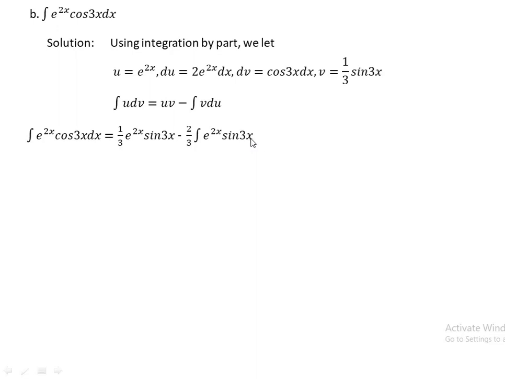Here we are left with another integral, so we have to evaluate the integral of e to the power of 2x sine 3x dx.